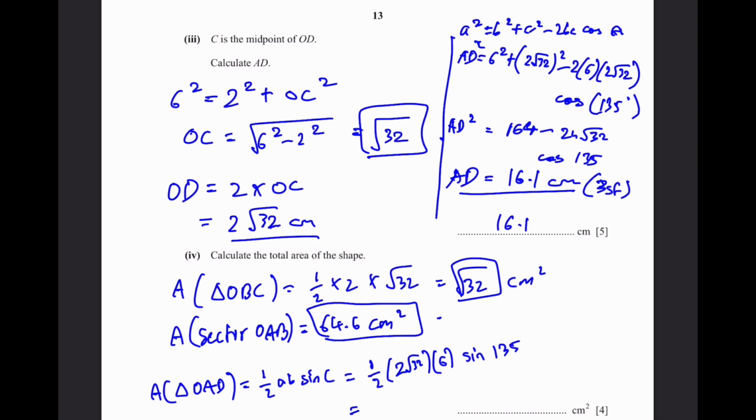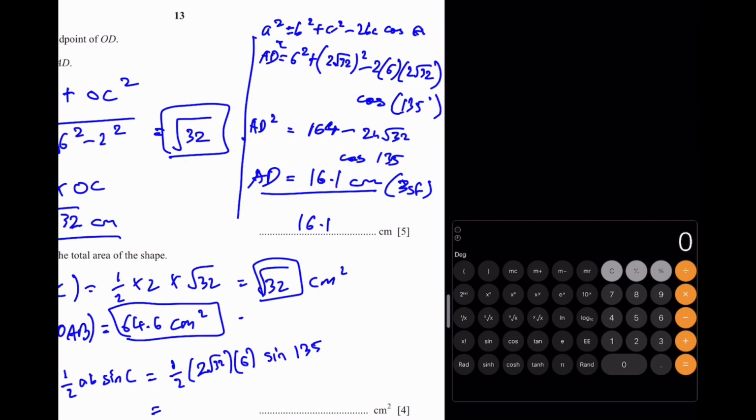Doing this on our calculator gives 24 centimeters squared.